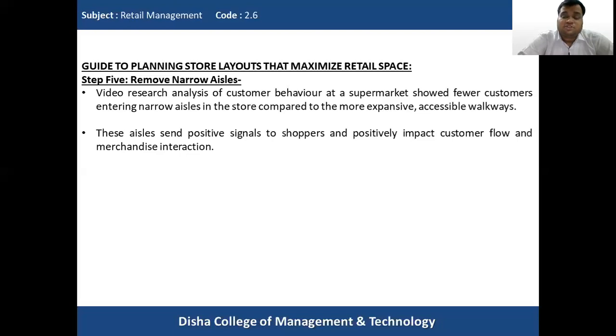The shoppers are then much more interested in browsing the items, following the customer flow, and properly interacting with the merchandise. By browsing all the merchandise at a display, they make an informed decision whether to buy or not. So why is this important?